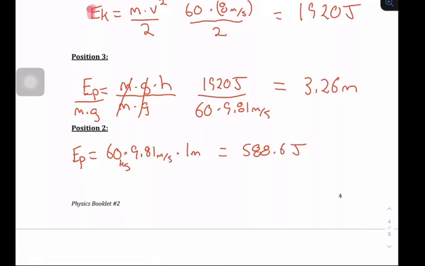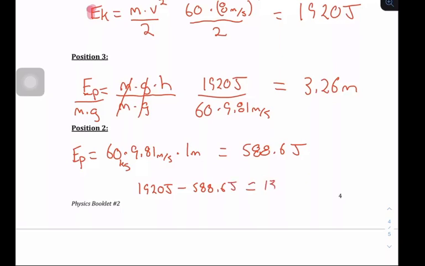So we can use that to find the amount of kinetic energy in the system at that time, because our total energy has to still equal 1,920 joules. So 1,920 joules, our total, minus at that point our potential energy, is going to give us our kinetic energy.